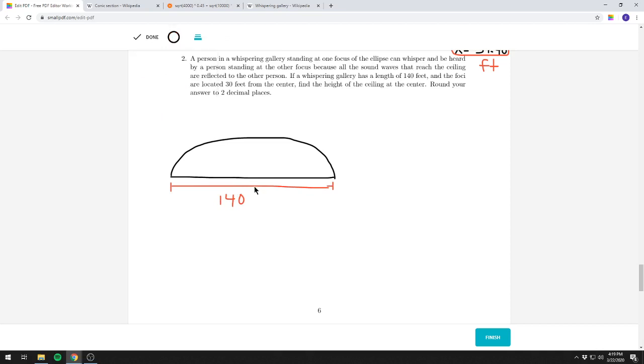Our center is smack dab in the middle. And then 30 feet away from the center are the foci, and we know they're on either side, like we were talking about before. It's 30 feet either way, so left or right.